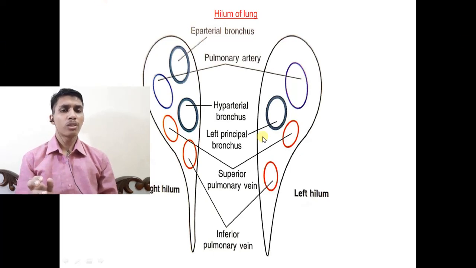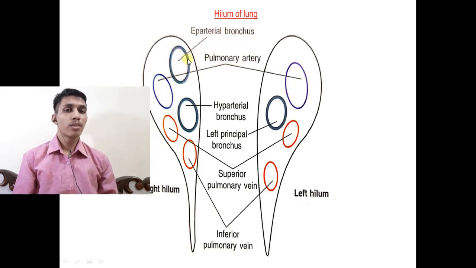We cannot say totally similar because anteriorly there is the superior pulmonary vein here and also here, then the pulmonary artery here and also here, and posterior-most there is the bronchus: here the left primary bronchus, and here the eparterial and hyparterial bronchi. So from anterior to posterior the structures are similar, but from above to downward they are not.